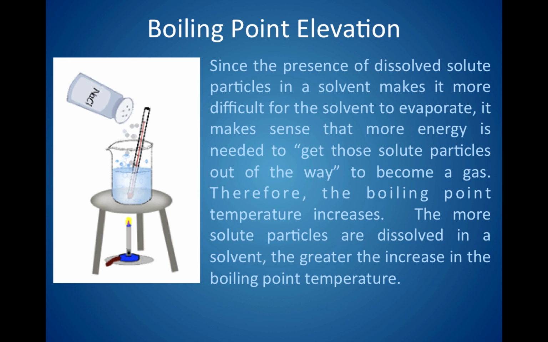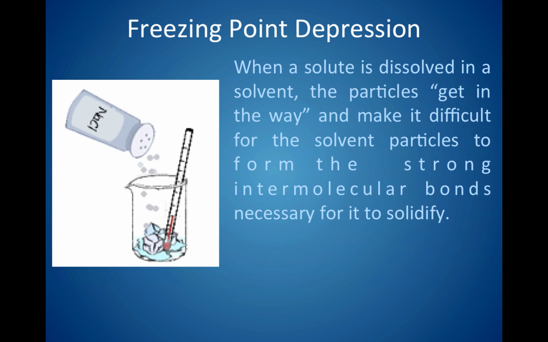And the last colligative property is freezing point depression. When a solute is dissolved in a solvent, the particles get in the way and make it difficult for the solvent particles to form the strong intermolecular bonds necessary for it to solidify.